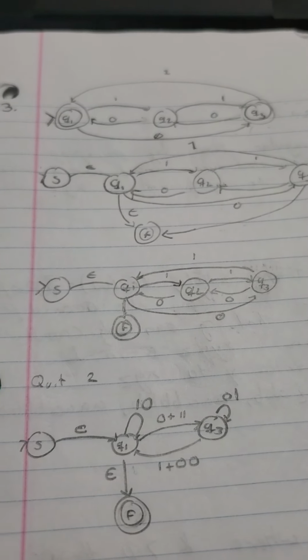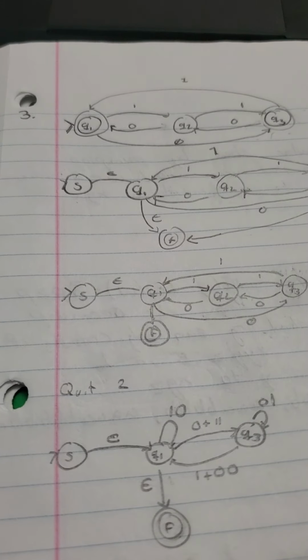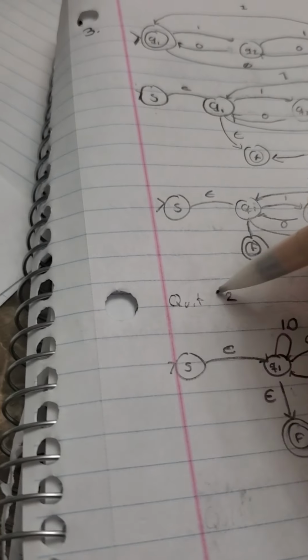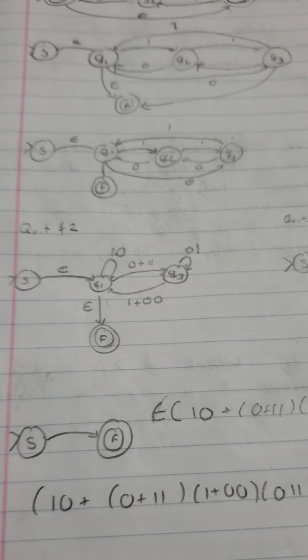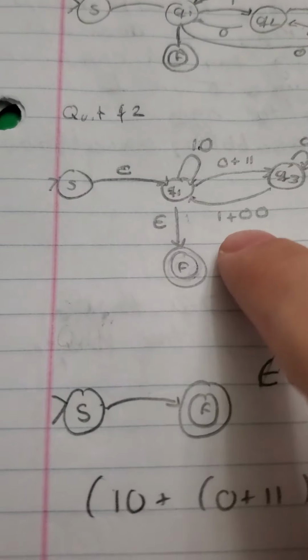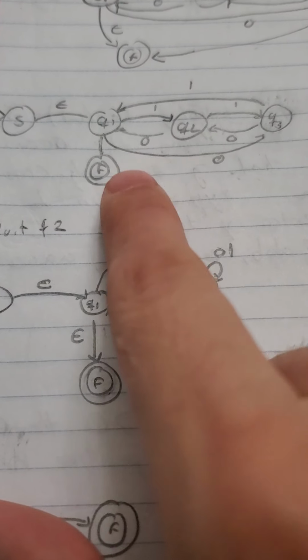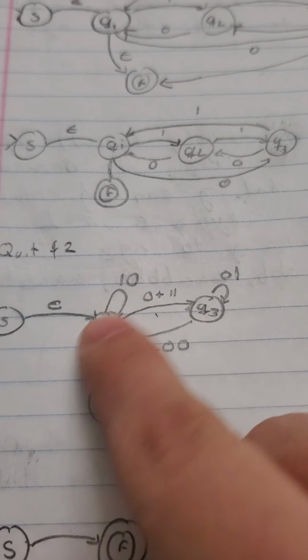After we did that, we have to eliminate Q2. This is kind of tricky. Q1 sends a 1 to Q2 and receives a 0, so it should be 1 and 0.